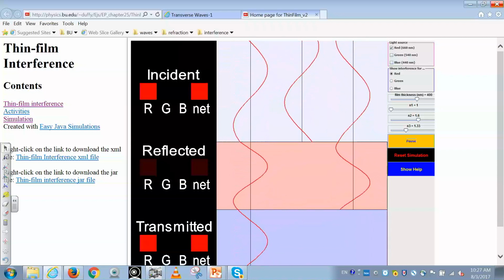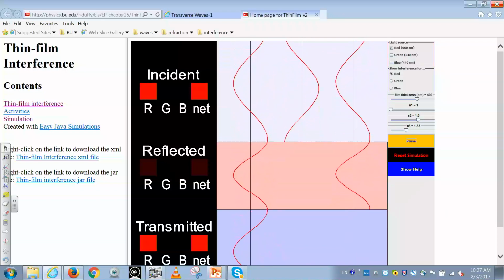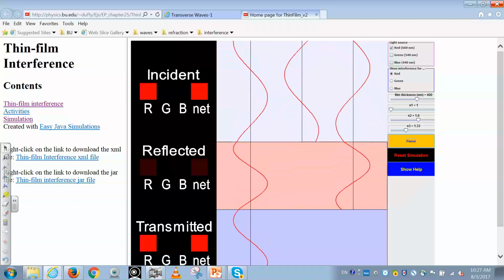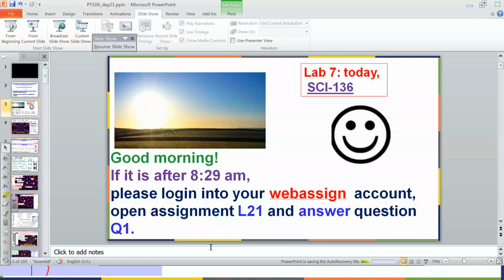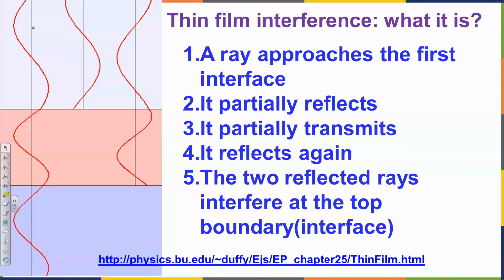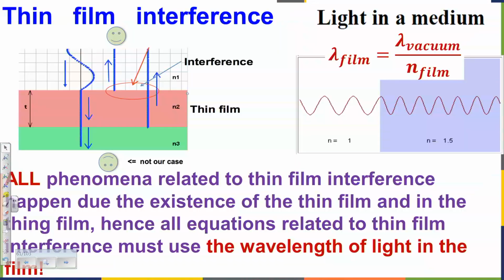Now, the most important thing to remember for thin film interference is that everything is happening inside the film, which means for all our calculations, no matter what we want to calculate, the wavelength in all equations should be the wavelength in the film.